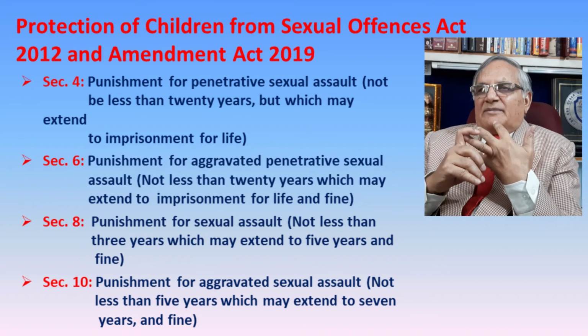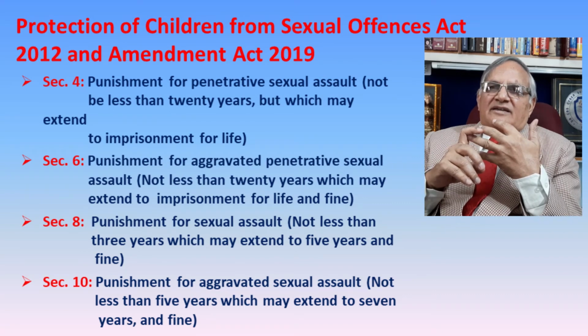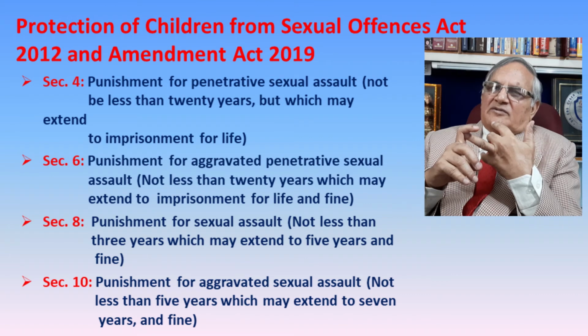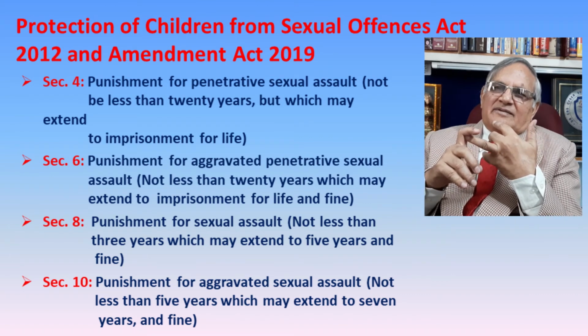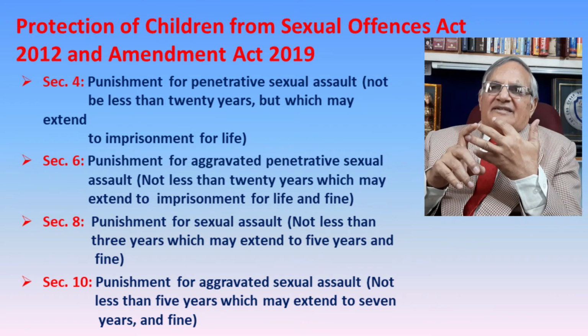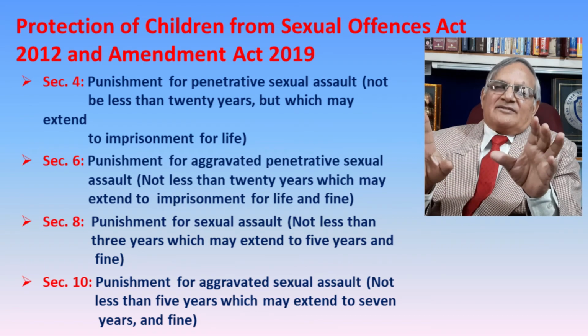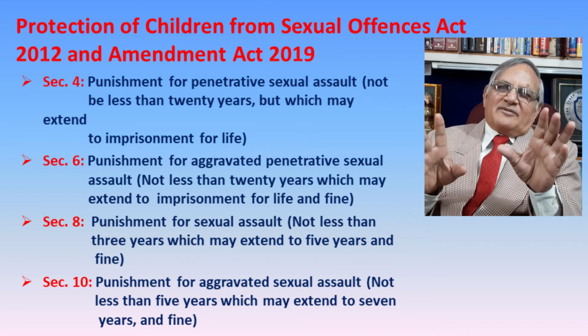It says whoever commits aggravated penetrative sexual assault shall be punished with rigorous imprisonment for a term which shall not be less than 20 years, but which may extend to imprisonment for life, which shall mean imprisonment for the remainder of natural life of that person, and shall also be liable to fine. The fine imposed under this section shall be just and reasonable and paid to the victim to meet the medical expenses and rehabilitation of such victim. This is the importance of this section.